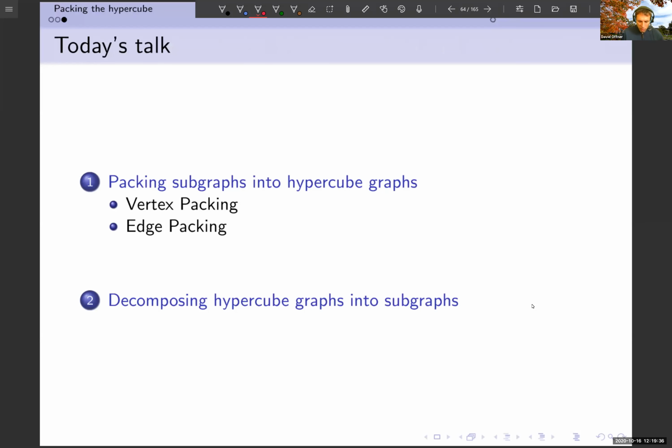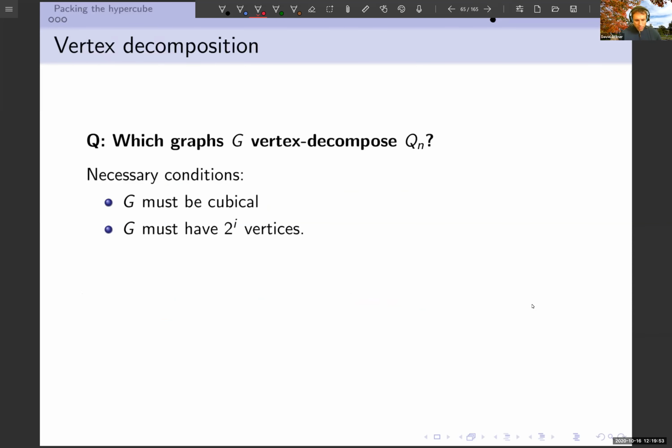So we talked about vertex packing, we talked about edge packing, and now we want to talk about decomposing, where we want to partition the vertices or edges of the hypercube into copies of our fixed subgraph. For the vertex case, there are some obvious necessary conditions for G to be able to decompose Qn.